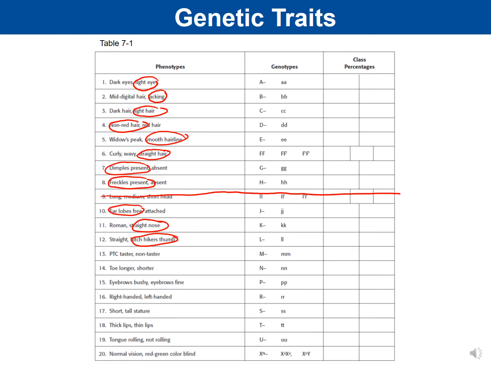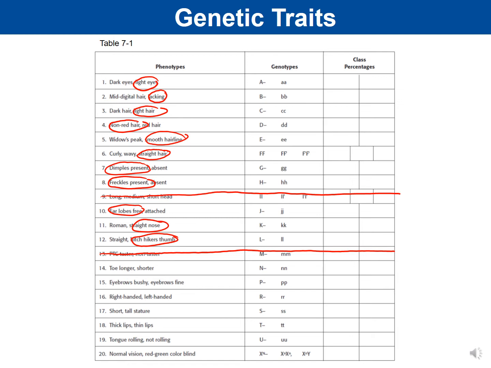Obviously, you don't have access to PTC paper, so you're also going to cross this one out because you can't do that. There's a correlation with that PTC tasting and how you perceive foods, if you perceive them as being bitter, for example. And if you're interested, you can read up about that.